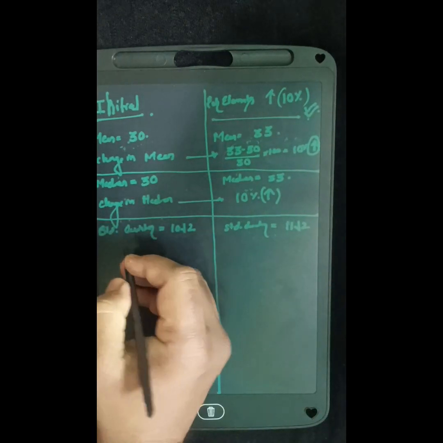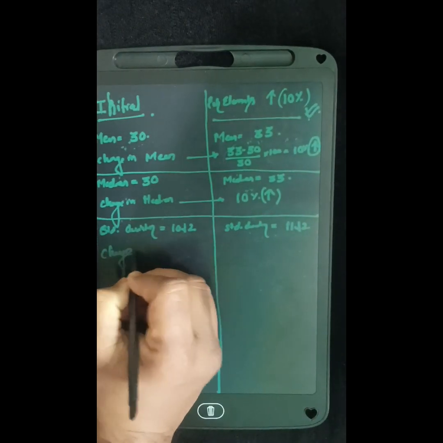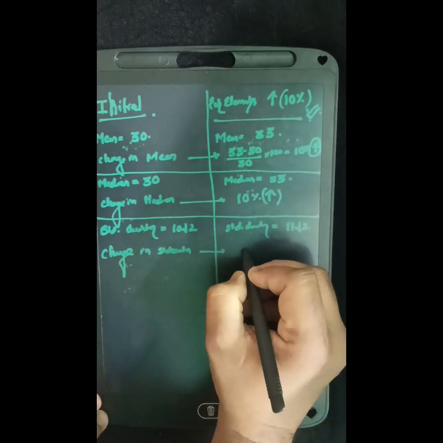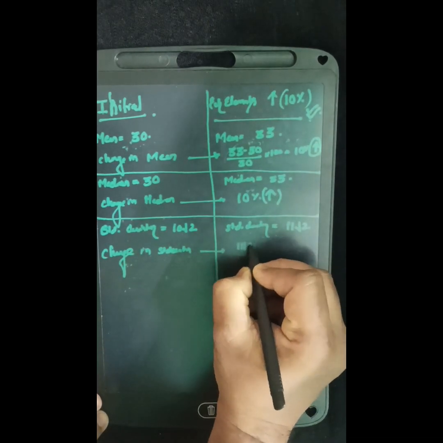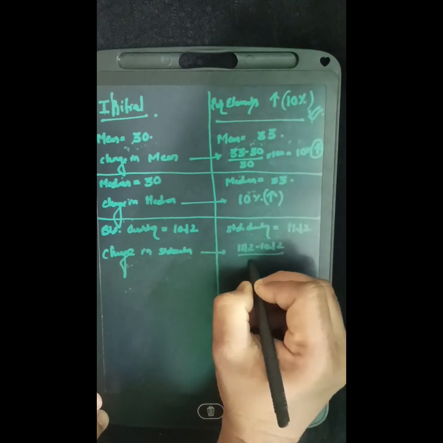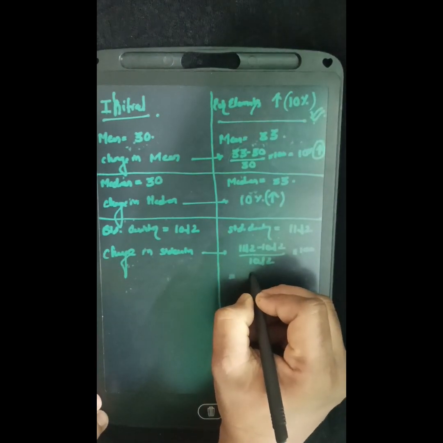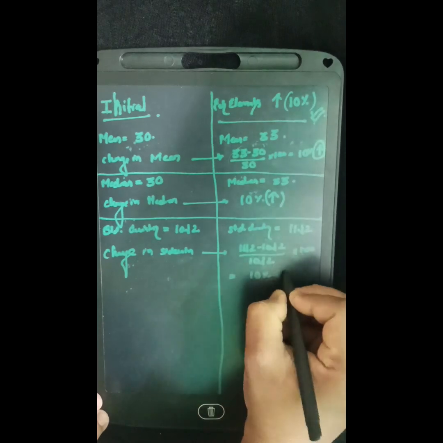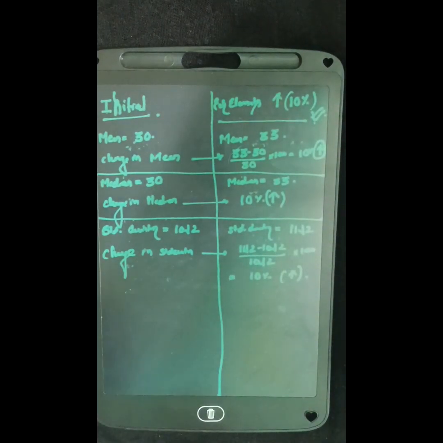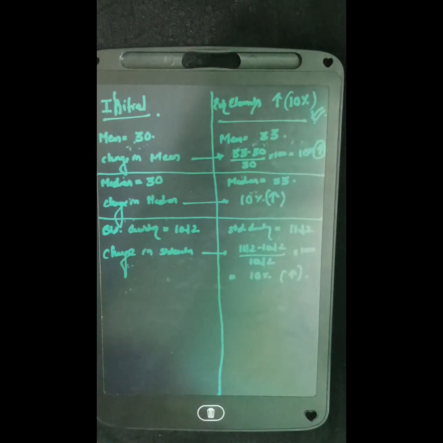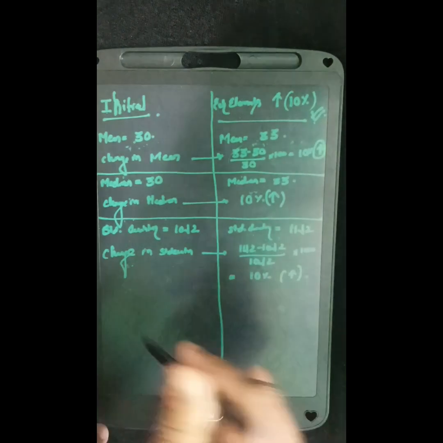So if we check the change in standard deviation, it again comes out to be 11 root 2 minus 10 root 2 by 10 root 2 into 100. This is actually coming out to be a 10% increase again, which is equivalent to the percentage change in each of the elements which we had previously.